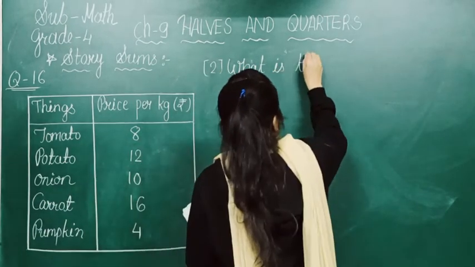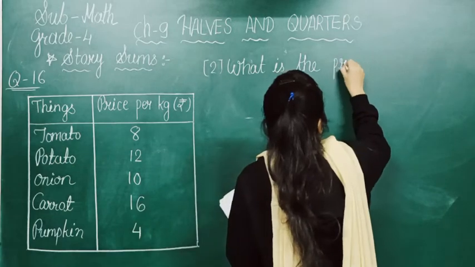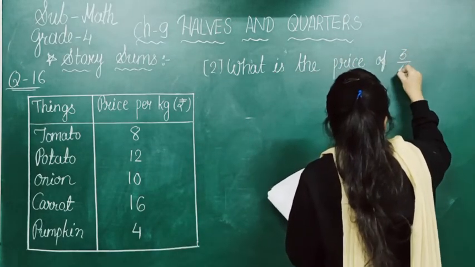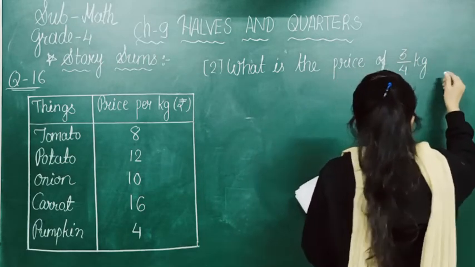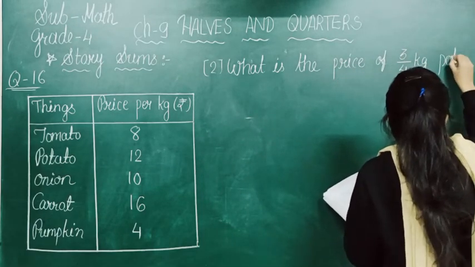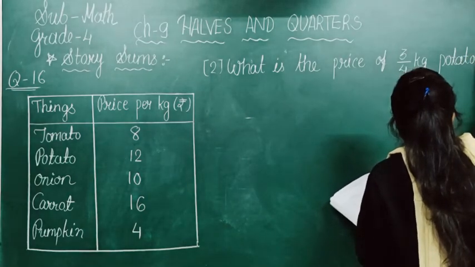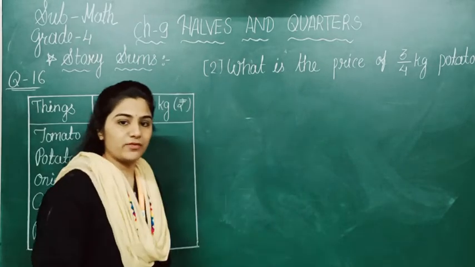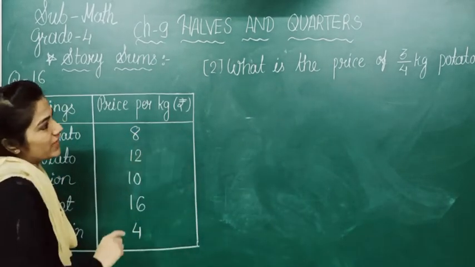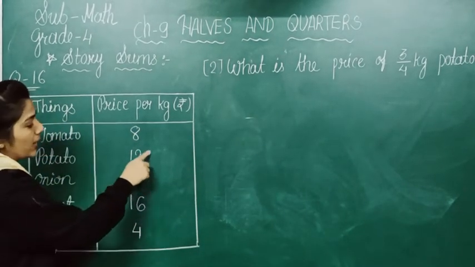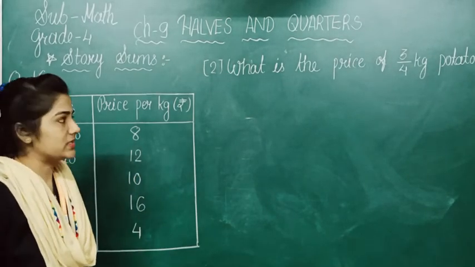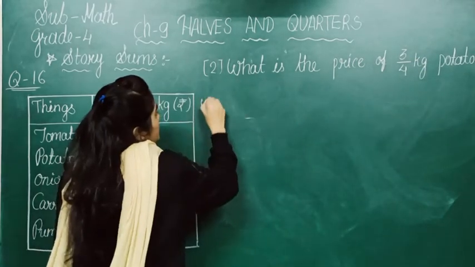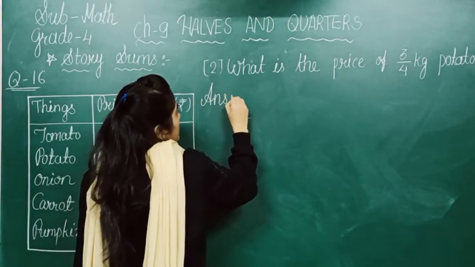Again, you have to follow the same method. Potatoes are given. In front of potato, 12 rupees per kg is given, right? So we need to find the price of 3/4 kg potatoes. So we can find the answer this way.